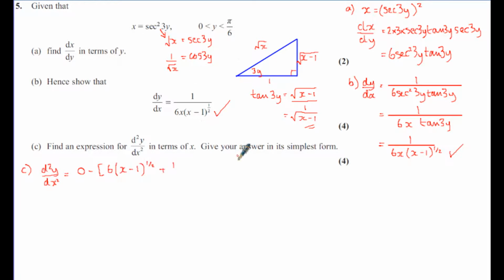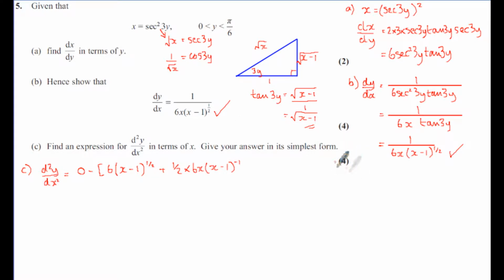Okay, the final part, this is just nasty technical, and then we've got a bit of algebra. It's a quotient. So the quotient says differentiate the top times the bottom, so that's nothing. Differential of 1 is nothing, and then take away the differential of the bottom times the top, and that's the nasty bit. Well, it will be when we've got to rearrange it, because it says give your answer in the simplest form.